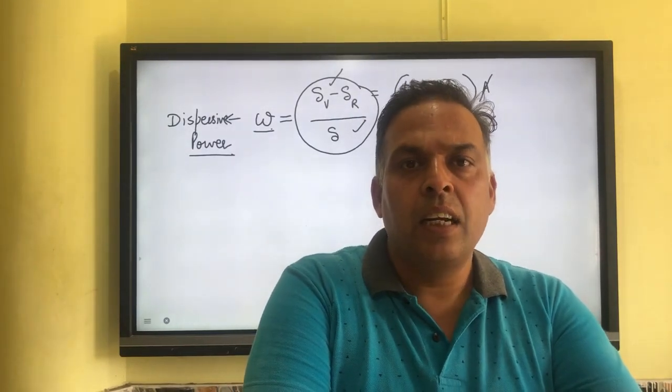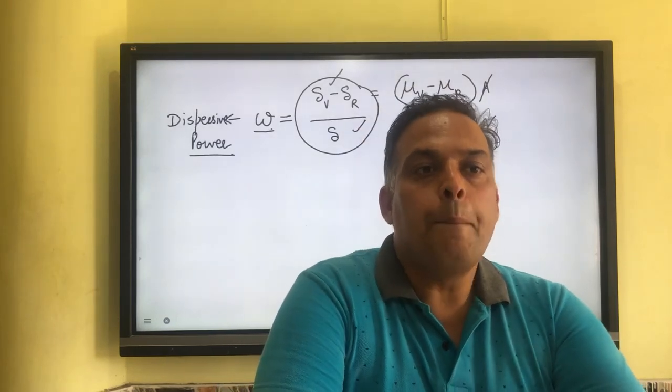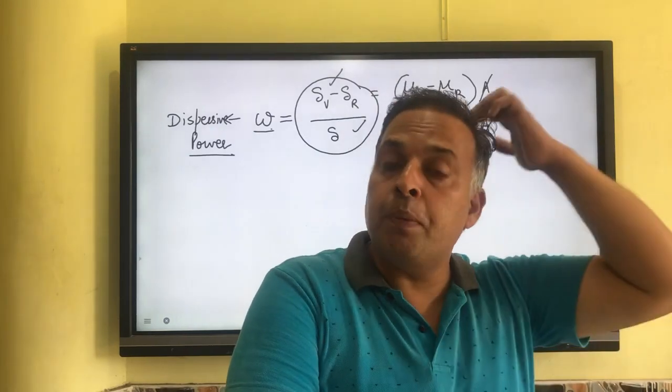It is defined as the ratio of angular dispersion for two colors to the mean deviation produced by the prism.